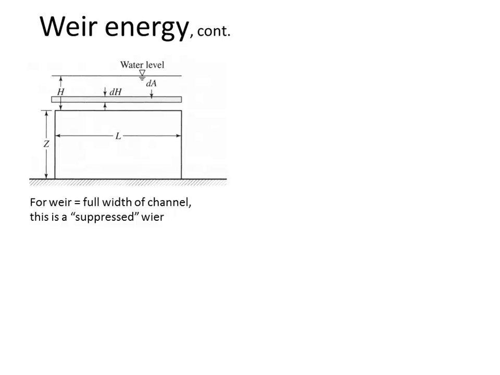Let's consider some differential height of the water as it's flowing over the weir. Here in the case of the full width, the flow rate, Q, is VA. And so the change in flow rate for this differential element is going to be the velocity of that element multiplied by the differential area, which is just some very small incremental increase in height multiplied by the width of the channel.